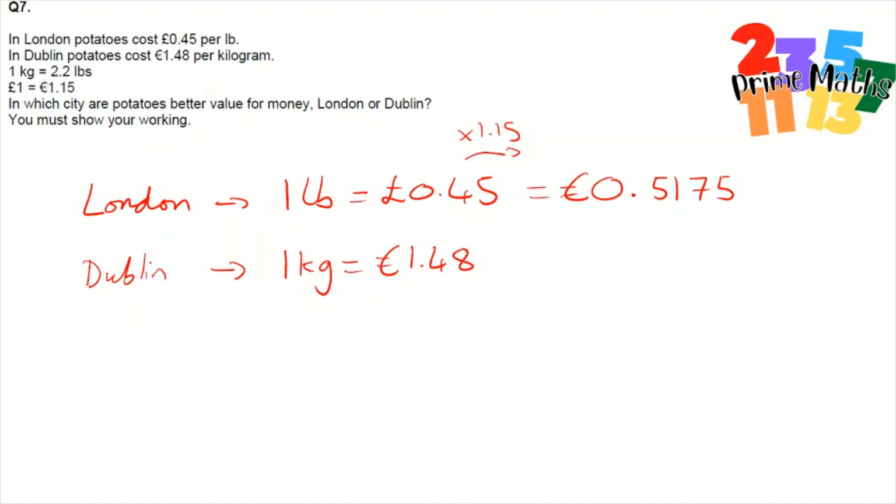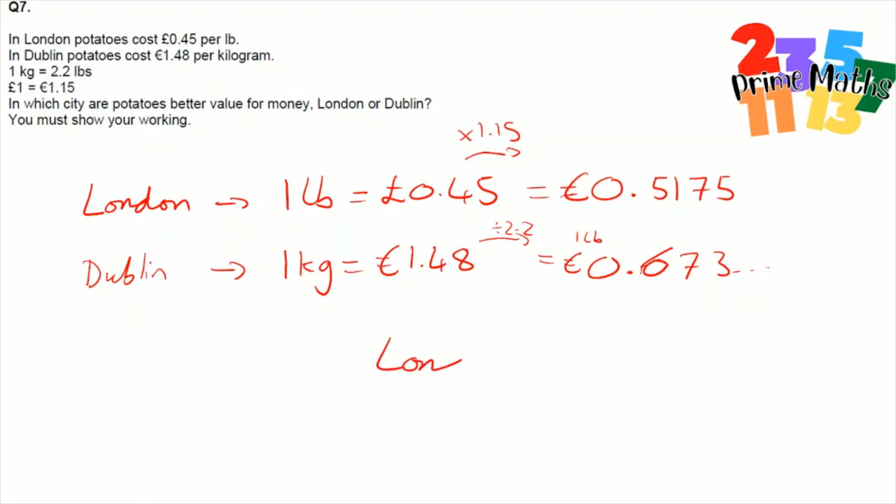I know that 1 kilogram is 2.2 pounds, so I'm going to divide this by 2.2 because that will then tell me what 1 pound is, but in euros. 1.48 divided by 2.2 gives me 0.673 and so on. I can see from here that a pound of potatoes in London costs about 52 cents, but a pound of potatoes in Dublin costs about 67 cents.